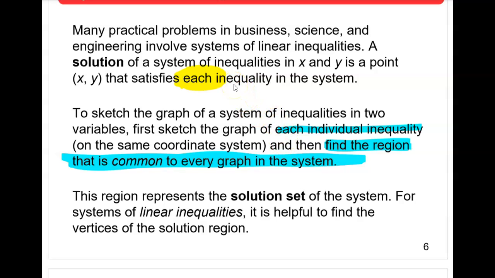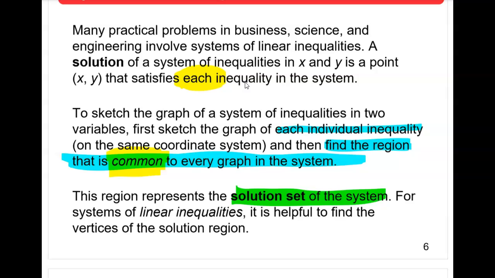If you mix blue with yellow, you make green, right? Wherever those two colors overlap, that is the area they have in common, and therefore that will be the solution to the system. We call that the solution set of the system, whatever they have in common for the system of linear inequalities.